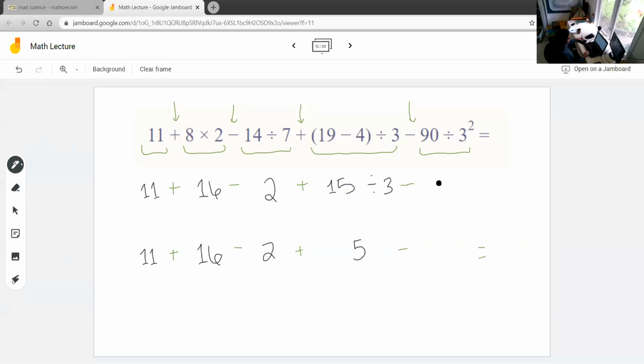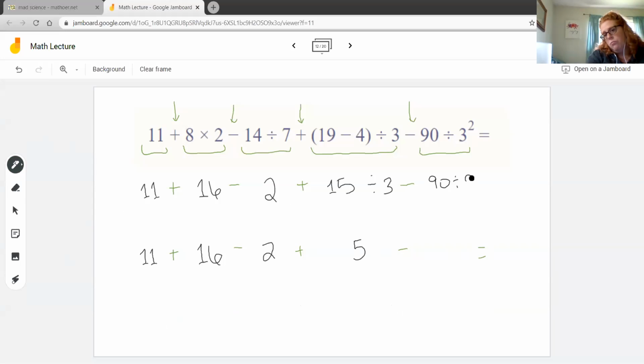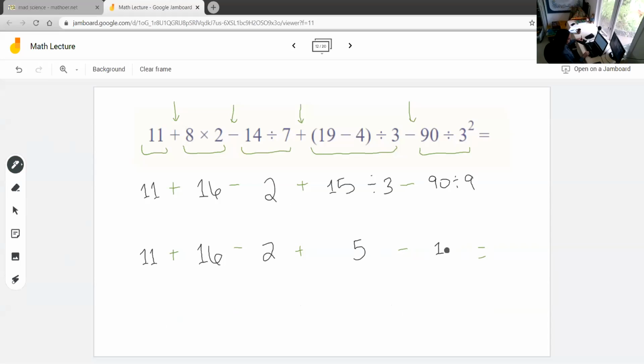Okay, last term. 3 squared. 9. 9. 90 divided by 9 is 10.